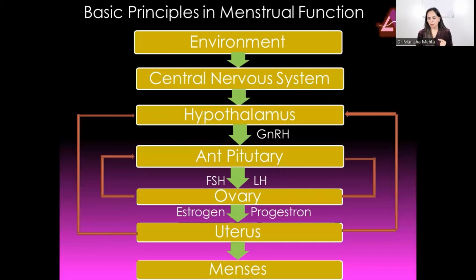Why I'm going to insist on this 36 hours? Because this is the basis for the way we do our IVF, because that is how we plan the pickup. So once the follicle is ruptured and there is LH surge, because of the LH surge, the follicle is ruptured.